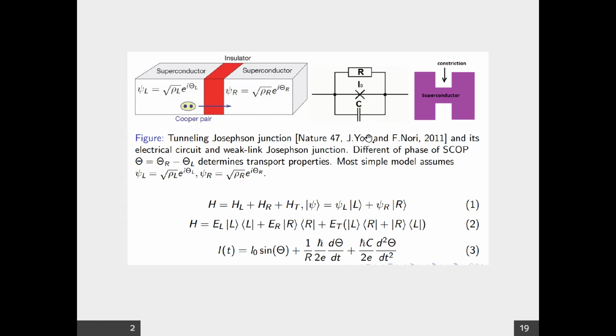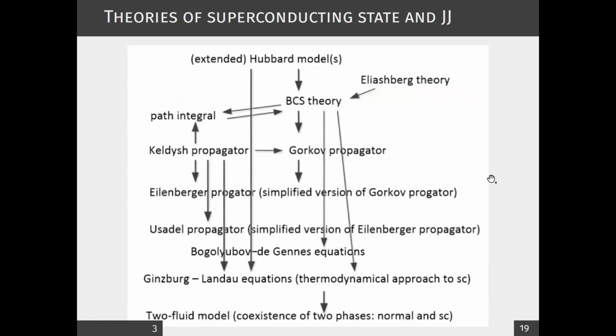The insulator is expressed by capacitance, and lack of capacitance means dropping this term. Then we have a weak link type Josephson junction. We can describe the Josephson effect by a hierarchy of different models, but we are just touching the very bottom of it, and then we will move towards a more refined description.